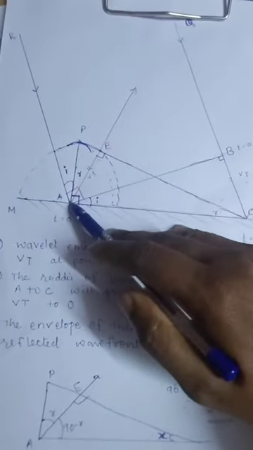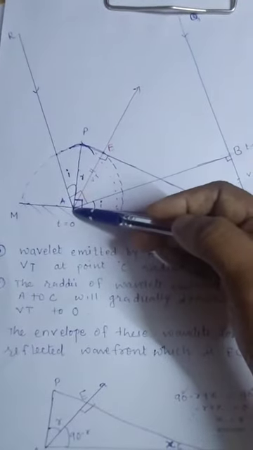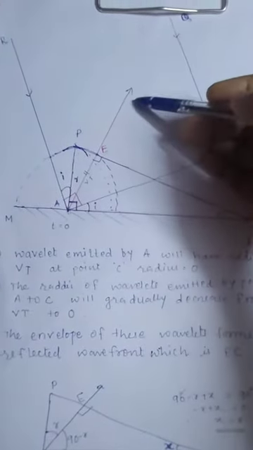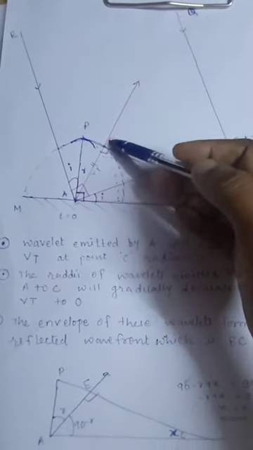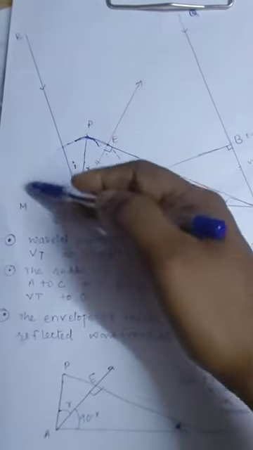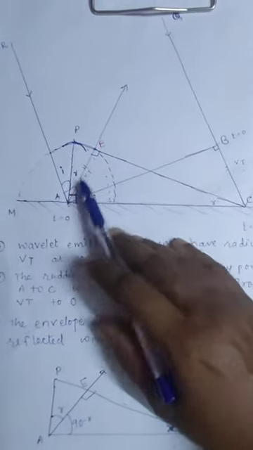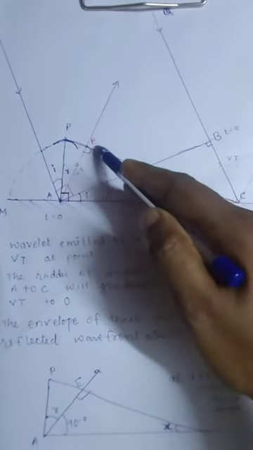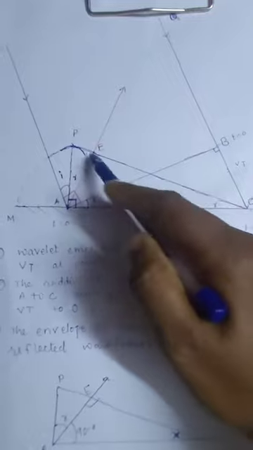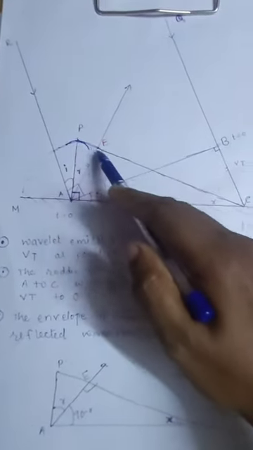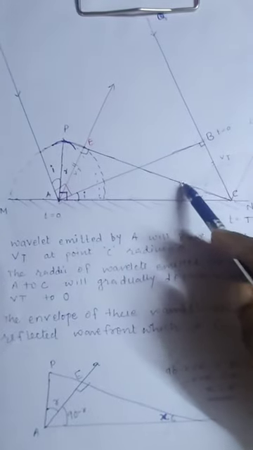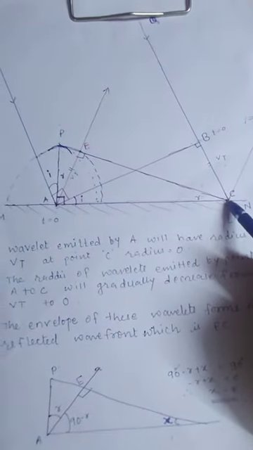It will reflect in the direction of AE. RA is the incident ray, AE is the reflected ray, and the radius of the hemisphere is vt. If you join the tangent, you will get this envelope as your reflected wavefront.